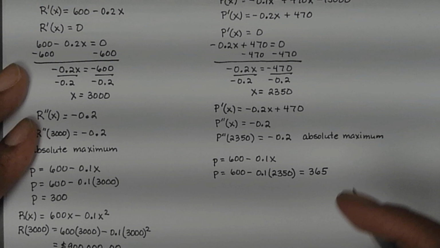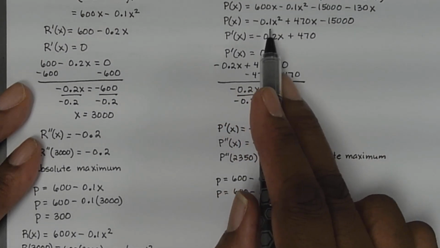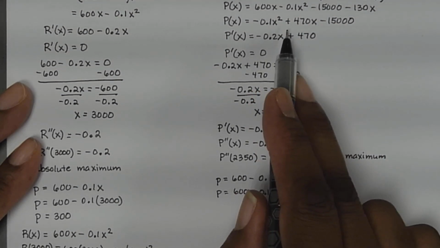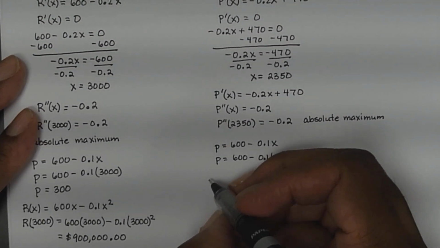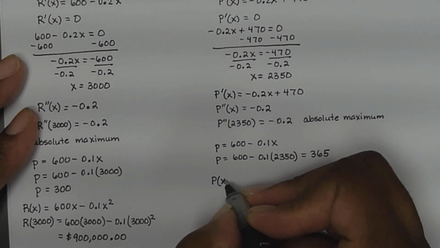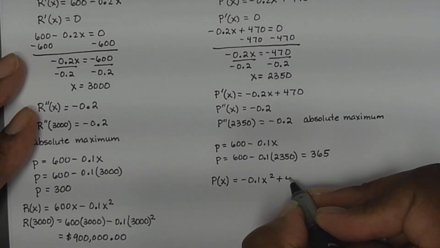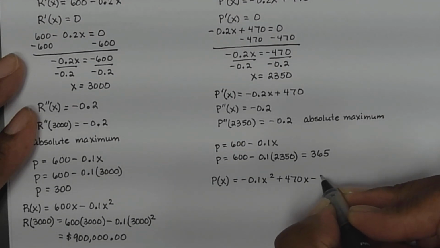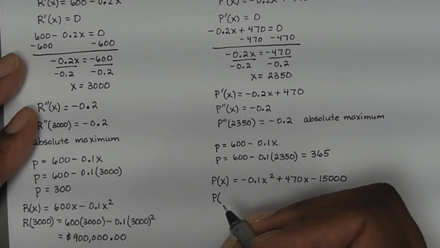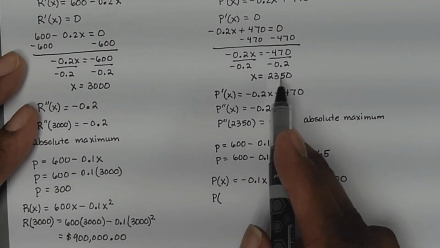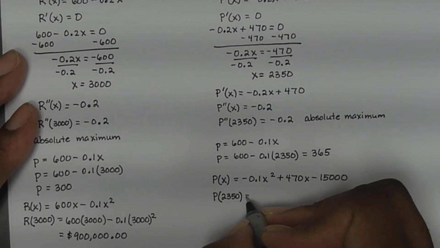Okay, so let's look at that profit function up here. Negative 0.1x squared plus 470x minus 15,000. I'll rewrite that. This is what we'll use to find the maximum weekly profit. So here that critical number was 2,350, so we'll substitute each x with 2,350.